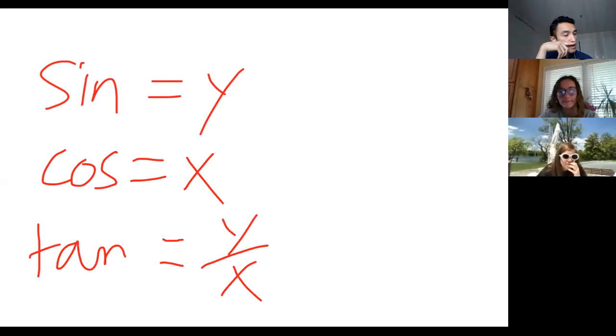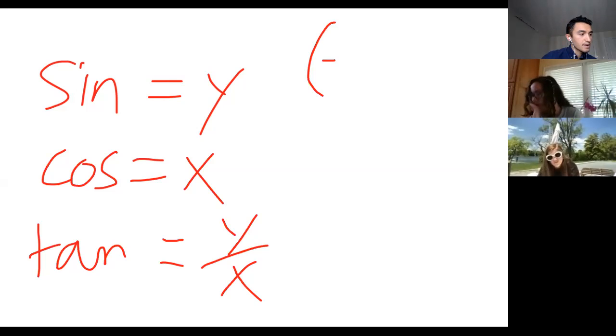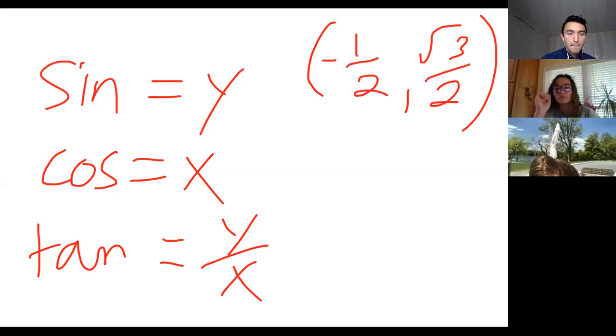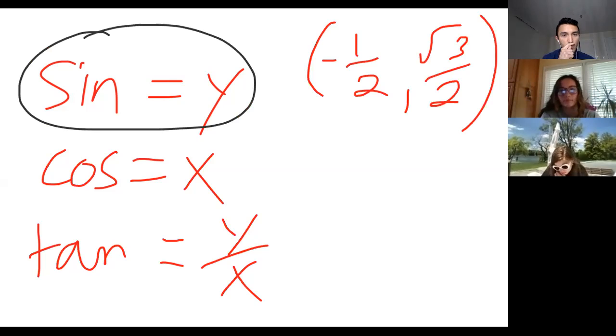So if we just do 28, 120, if you look at the unit circle, 120 is at negative 1/2, square root of 3/2, right? And that's awesome because if you're taking the sine, well, we know from right here that the sine is equal to y.